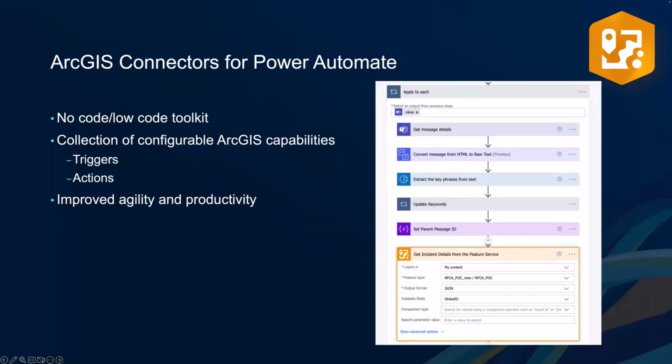In the screenshot that's shown on the right here, this is a workflow that is actually listening for a new message to be posted in Teams. And then what it does is it leverages a cognitive service that extracts key phrases from text, and it's looking for keywords that will enhance search capabilities when interacting with the data.